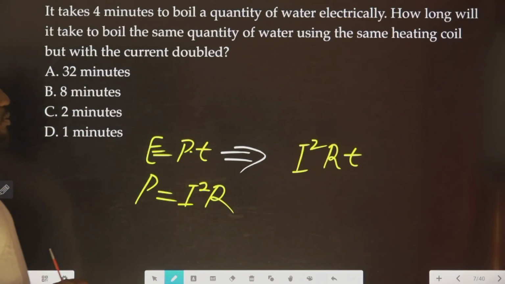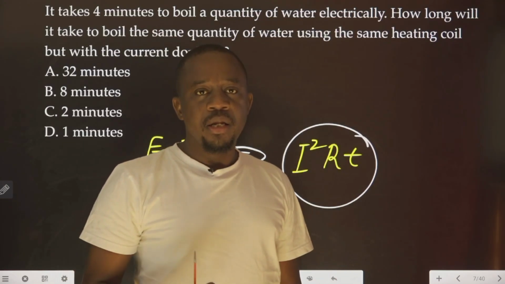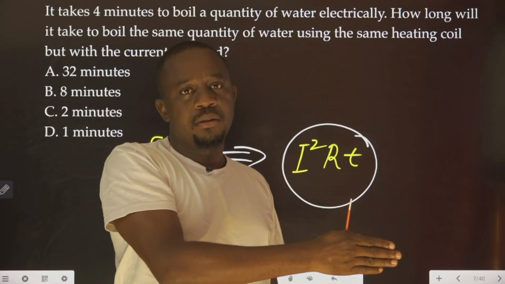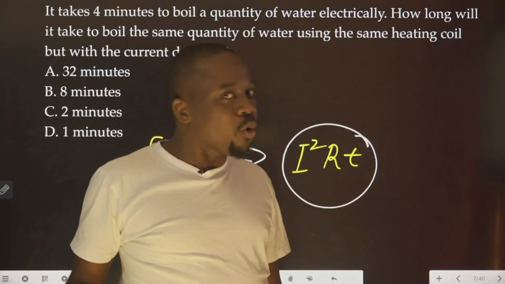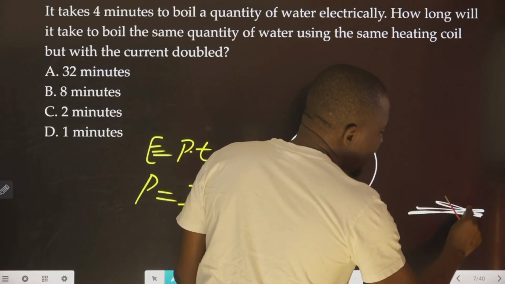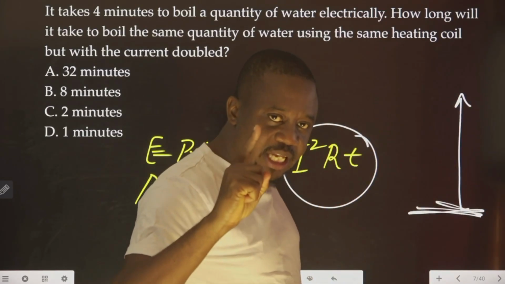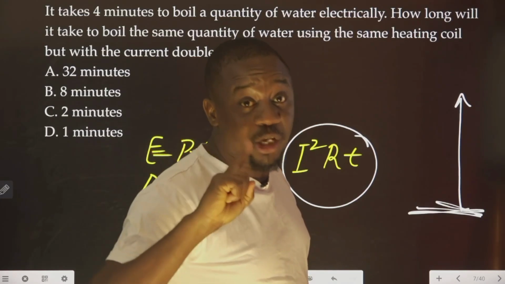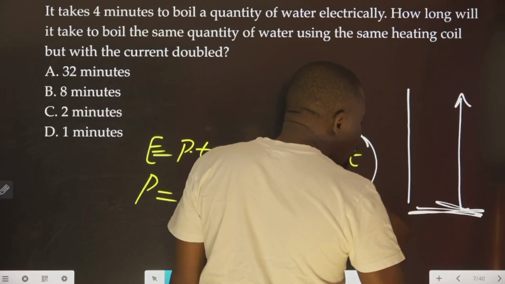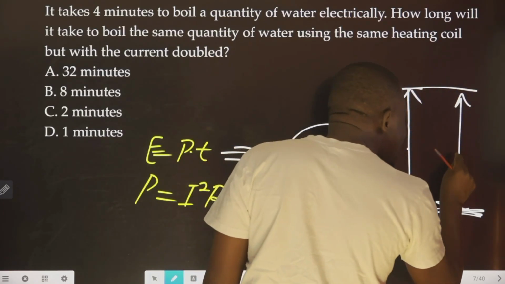Why am I doing this? Because the energy that you will use to boil the first water is equal to the energy for the second water. What am I saying? For the water temperature to move to this temperature with, let's say, 1 amp, and you boil it again to get to this same location, this energy and this energy are the same.